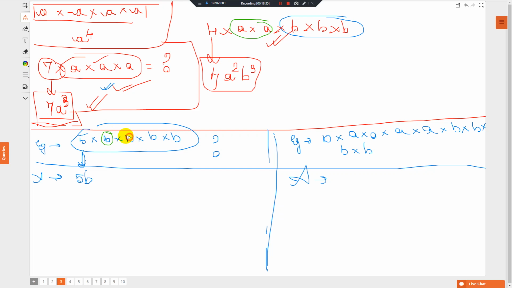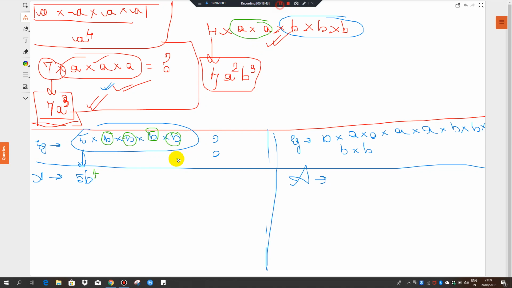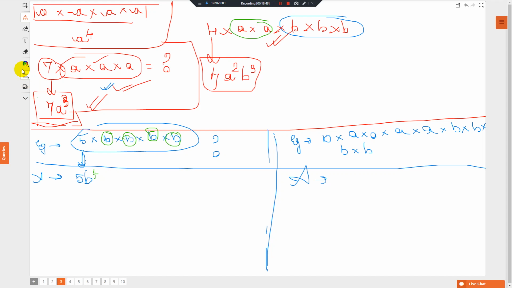One, two, three, four times. So write b to the power 4. This is how you write 5 into b into b into b into b.